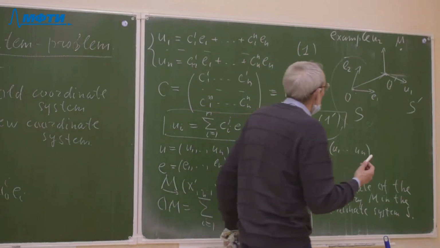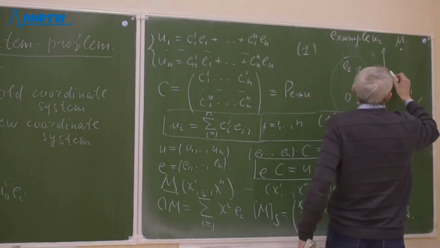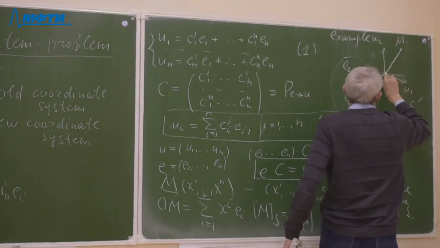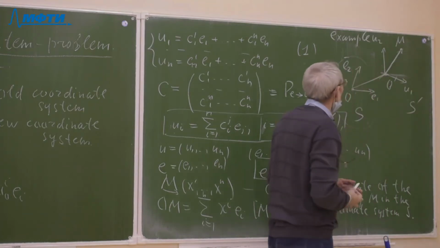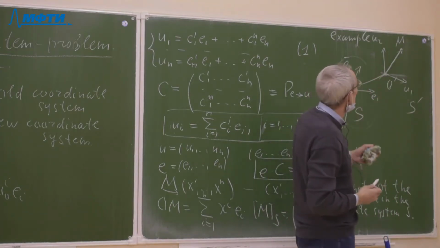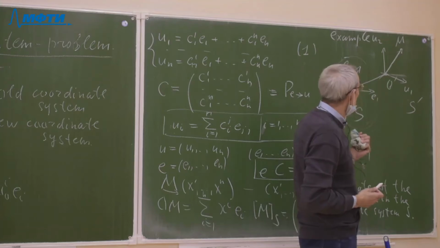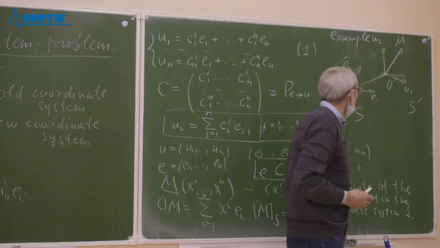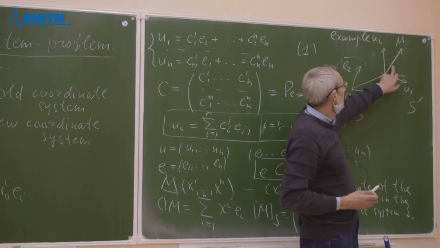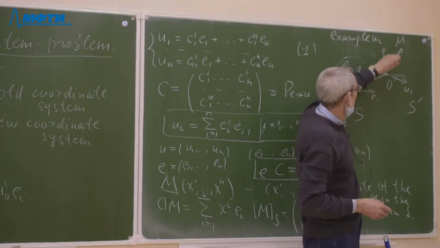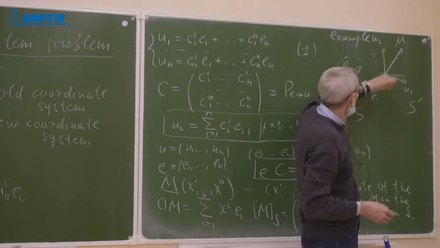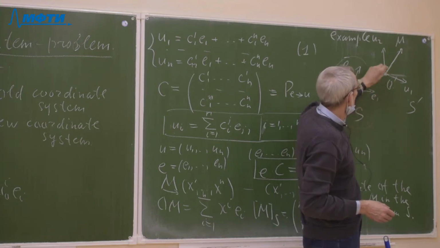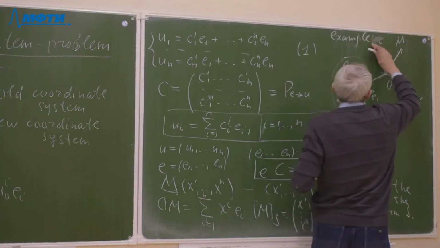It is easy to see that the coordinates of the point M in the new coordinate system are the coordinates of the vector O prime M in the new basis u1 and u2.